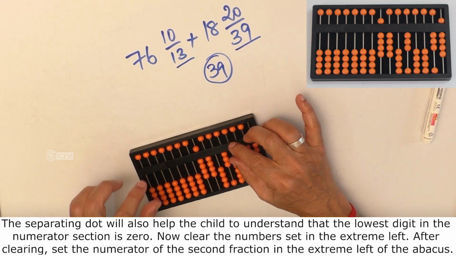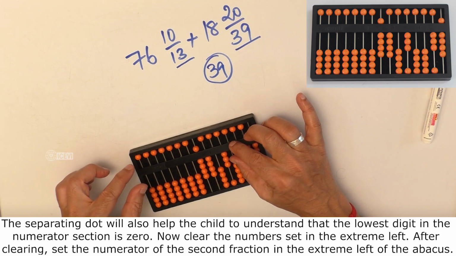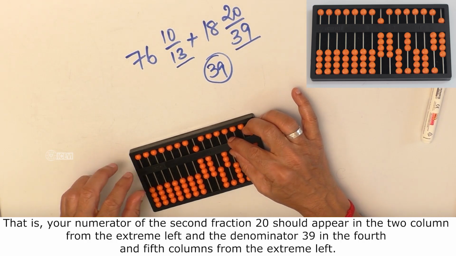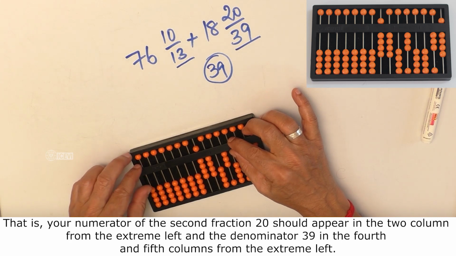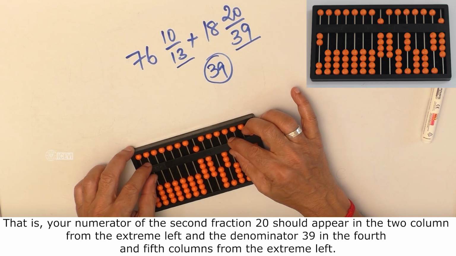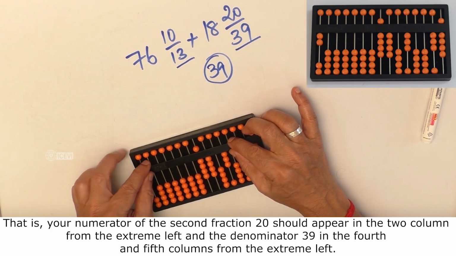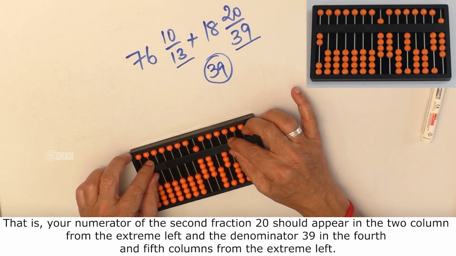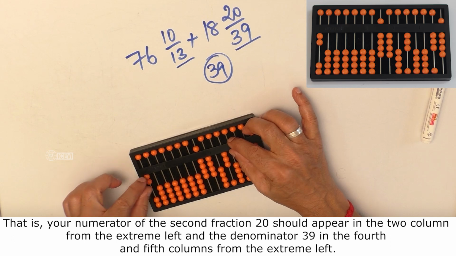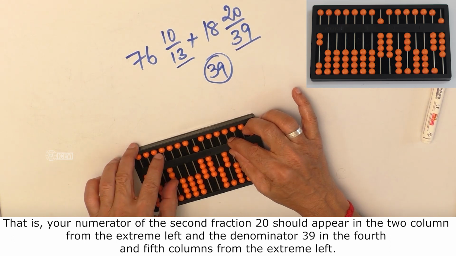After clearing, set the numerator of the second fraction in the extreme left of the abacus. That is, your numerator of the second fraction 20 should appear in the first 2 columns from the extreme left and the denominator 39 in the 4th and 5th columns of the extreme left.